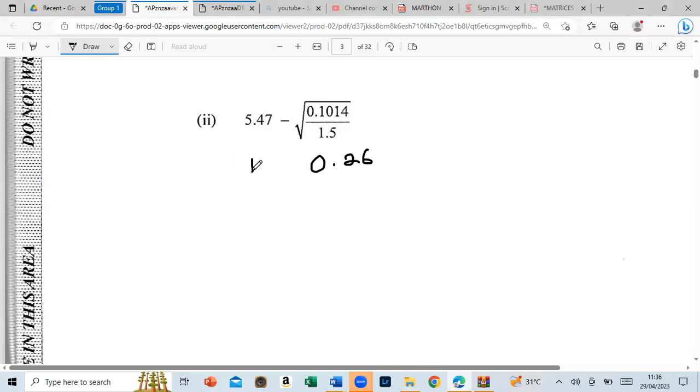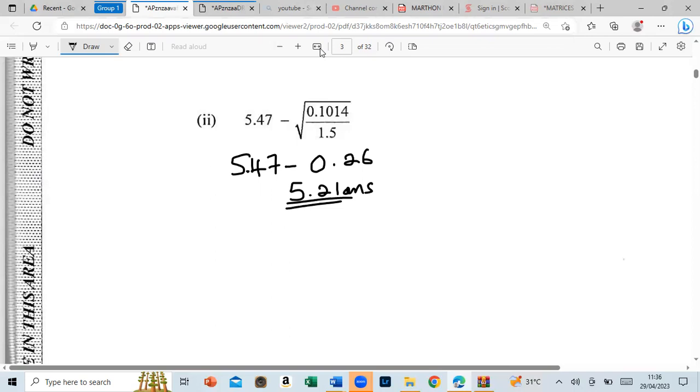Then we subtract, and again I'm going to use the calculator because calculators are made to be used. They are more efficient and faster. So 5.47 minus 0.26 works out to 5.21, and that would be our answer.